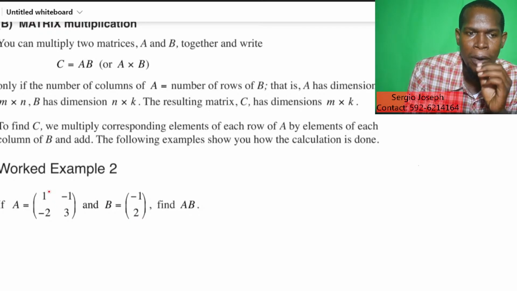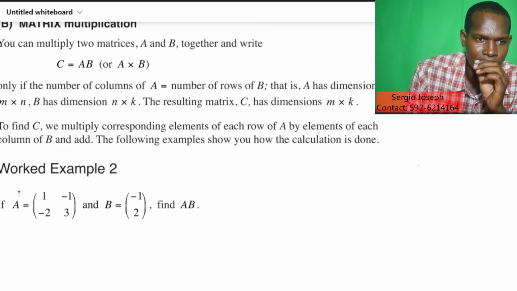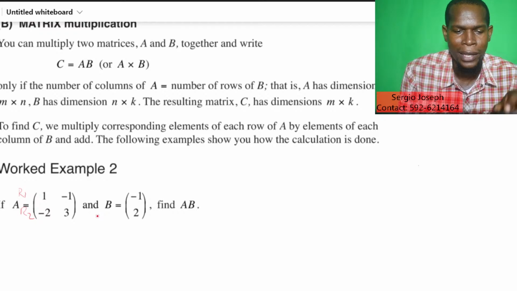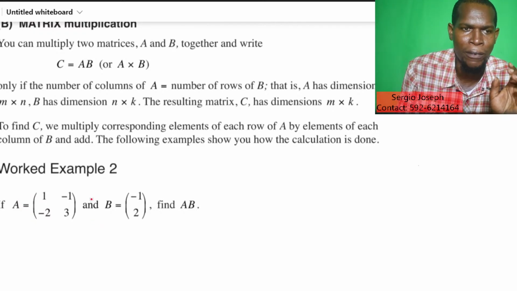You can only multiply two matrices if the number of rows in one matrix, so we have R1, R2, I think I saw it wrong. Let me just correct myself before I go further.